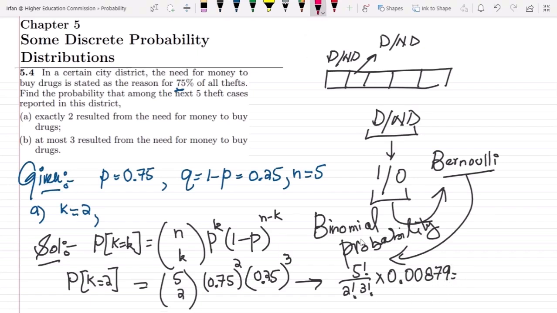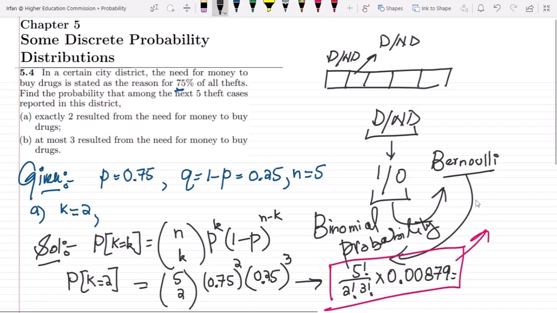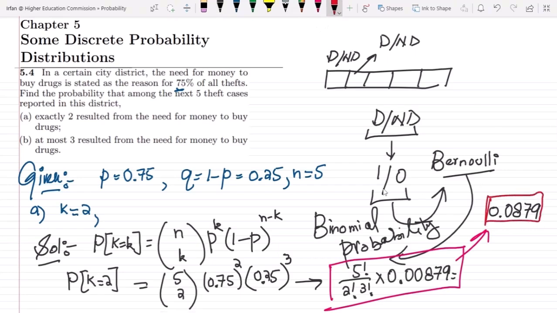When we calculate this, the answer will be 0.0879, and that is the solution of part A of question 5.4. So the probability that we will have two theft cases for buying drugs is 0.0879. Okay, so that is the solution for part A.